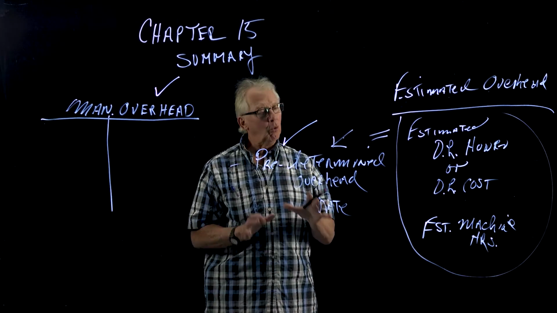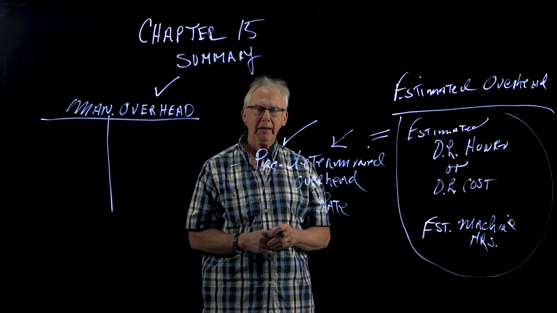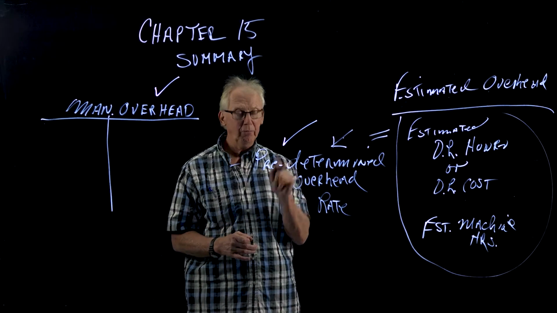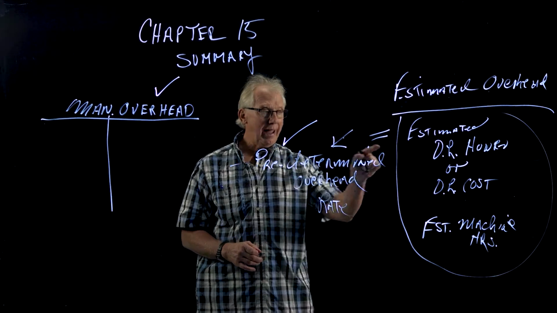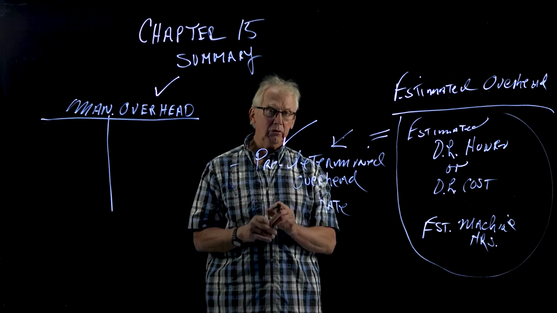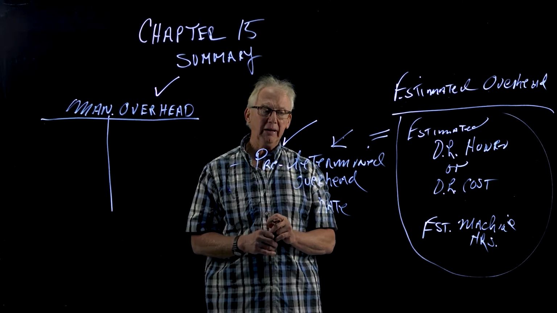Okay? So once we get this predetermined overhead rate, then we take this rate, and this is important now, you have to look at the base you used, okay? Now let's say we use direct labor hours as our base.